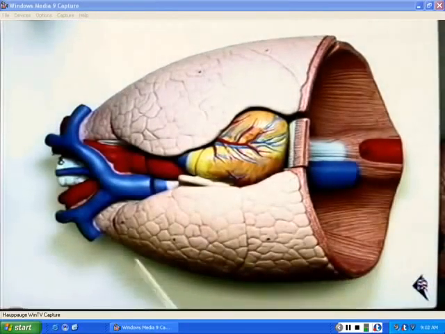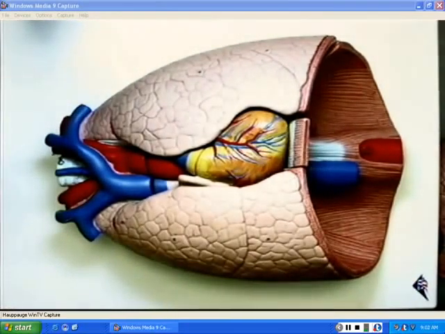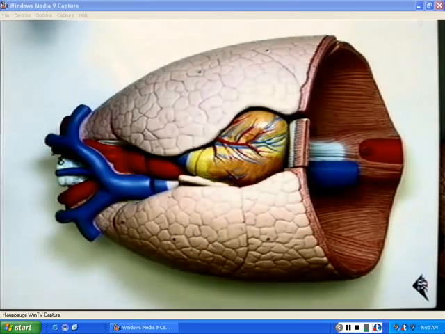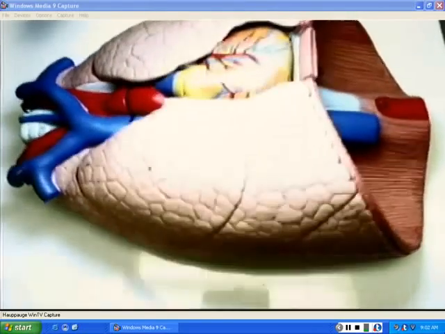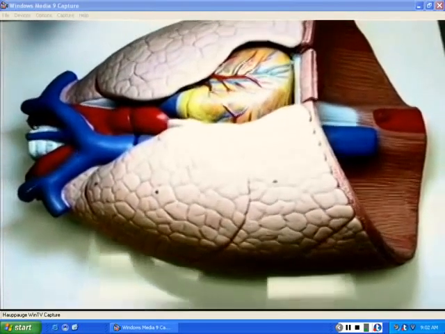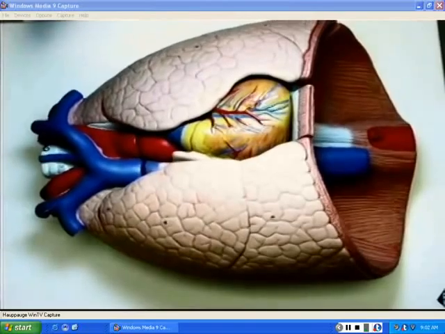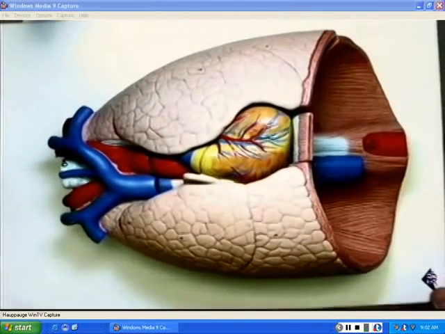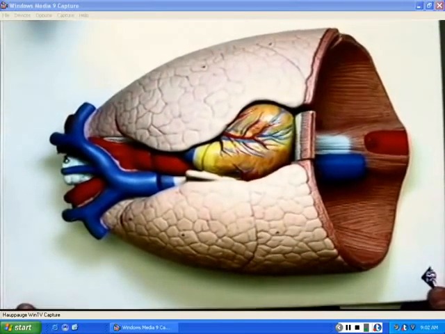So on that model, you can see this distinctively. Each fissure is determined by its shape: our oblique fissure, our horizontal fissure, on these models in order to depict and differentiate each lobe.